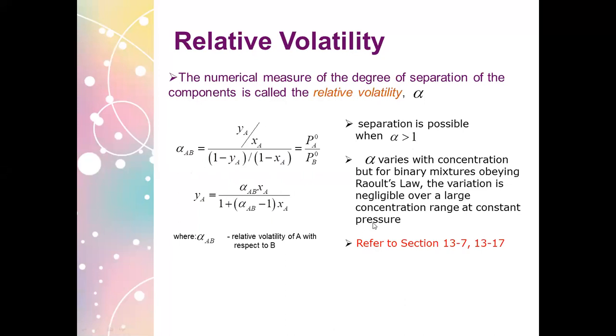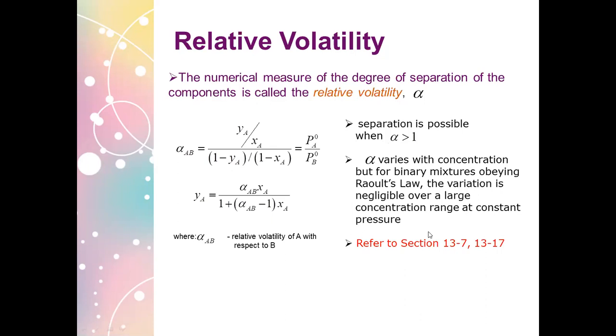Now, alpha varies with concentration, but for binary mixtures, and these are the cases that we'll be dealing with here, binary mixtures obey Raoult's law. The variation is negligible. So for binary mixtures that are ideal, and in our case here it's always benzene-toluene, so the system is ideal, the variation in the value of alpha over a wide range of concentrations is more or less small.